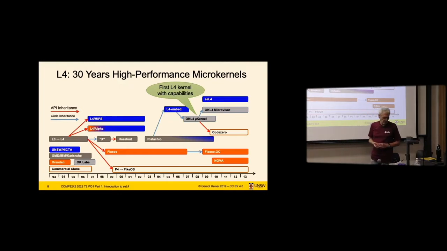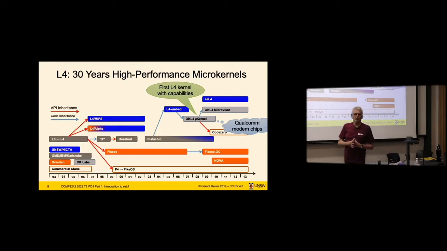They're no longer. Then there was the OKL4 microkernel, which was the first product of my company, Open Kernel Labs. That was the first one that had capability protection. It also went into Qualcomm modem chips. That was the first real commercial success, when Qualcomm shipped L4 on all their modems from about 2006.